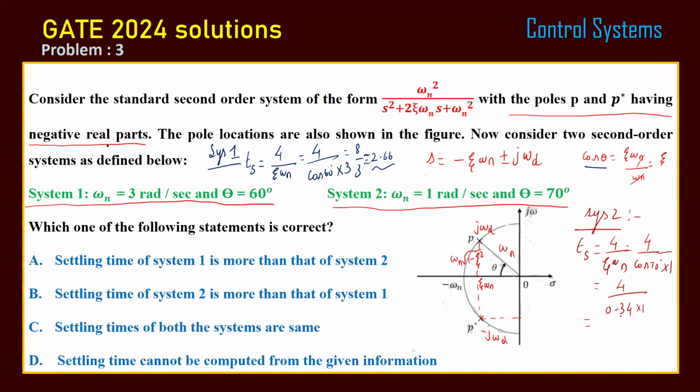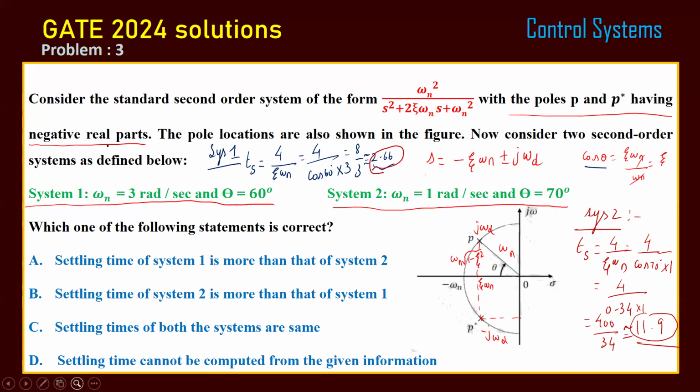So, 4 by 0.34, this is 400 by 34, which is nearby 11.9. It is approximately equal to 11.8 or 11.9. Now, comparing this 11.9 and 2.6, 11.9 is greater, so the settling time of system 2 is the greater one.